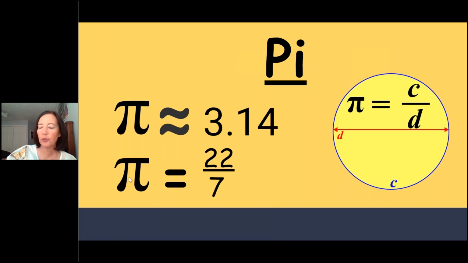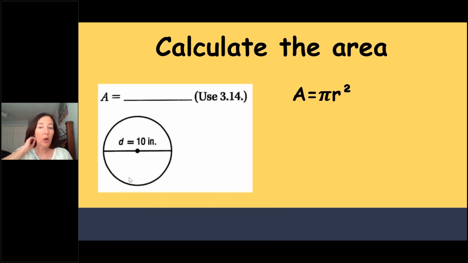That would be a lesson for another day. Okay, so we're just going to calculate the area. The formula for the area of a circle is area equals pi times the radius squared. And for pi, we're going to substitute 3.14 today so we can come up with our answer. So let's go ahead and try to calculate the area of this circle.